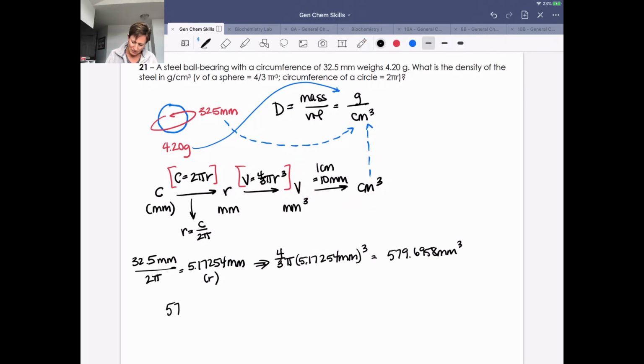I'm going to take 579.6958 millimeters cubed. I want millimeters to go away, centimeters to be on top. I know that 1 sugar cube is the equivalent of about 10 dimes stacked. So my 10 goes with my millimeter, my 1 goes with my centimeter.